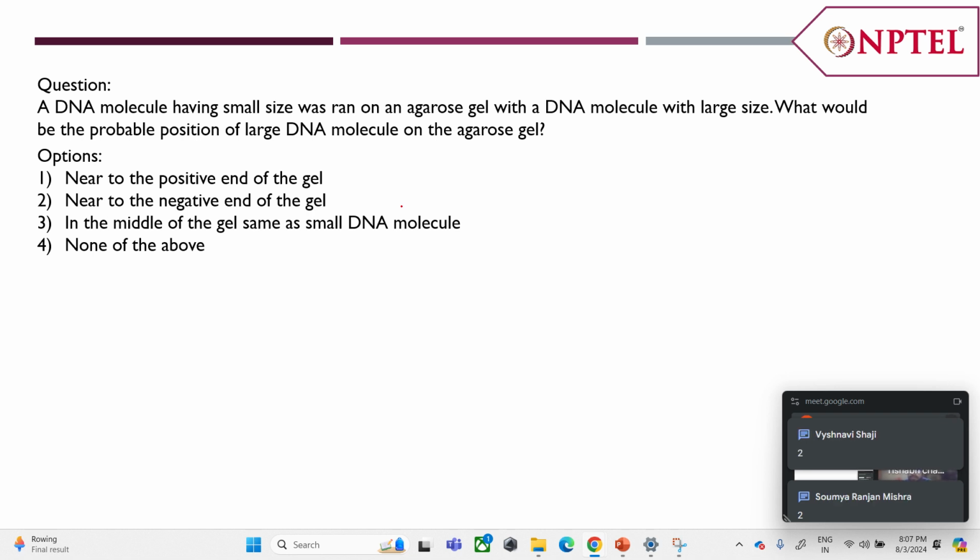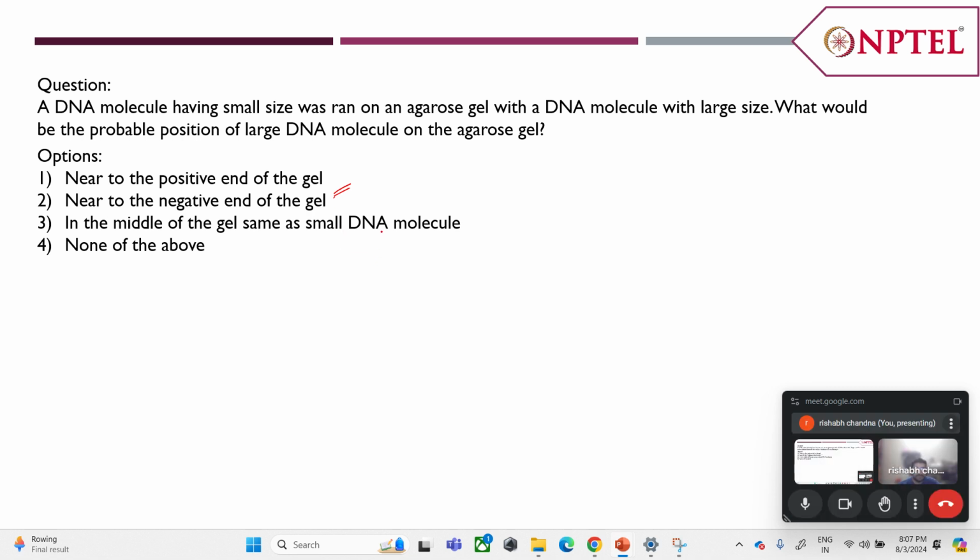Okay, someone said two. So for example, here is the agarose gel, this is the well, and here we loaded the DNA samples. Whenever the DNA bands move on the gel, what would happen?